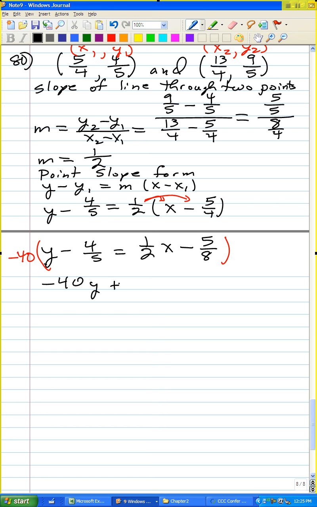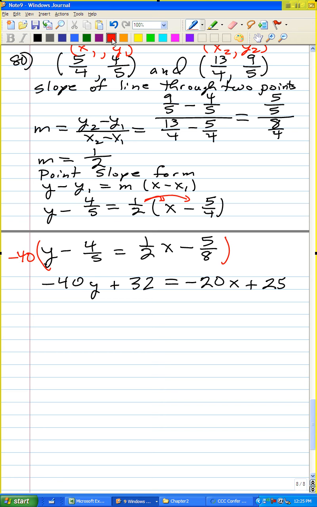Negative and negative makes that a positive. 40 divided by 5 is 8 times 4 is 32 equals. Negative times positive is negative. 40 divided by 2 is 20. Negative times negative is positive. 40 divided by 8 is 5 times 5 is 25.